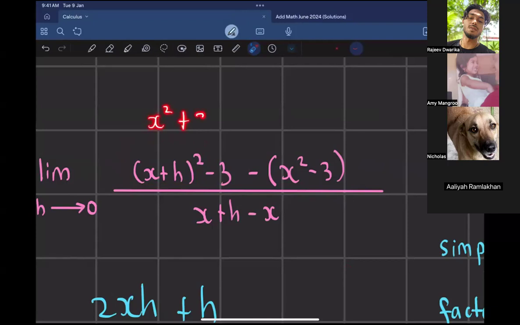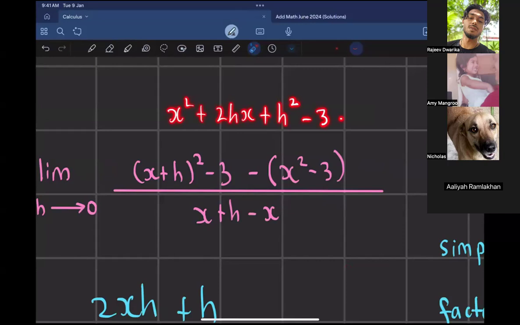So how much do you have? Two hx. So x squared plus 2hx plus h squared. That's what you have. Good. Then write back the minus 3. Then when you expand the other bracket, what do you get?